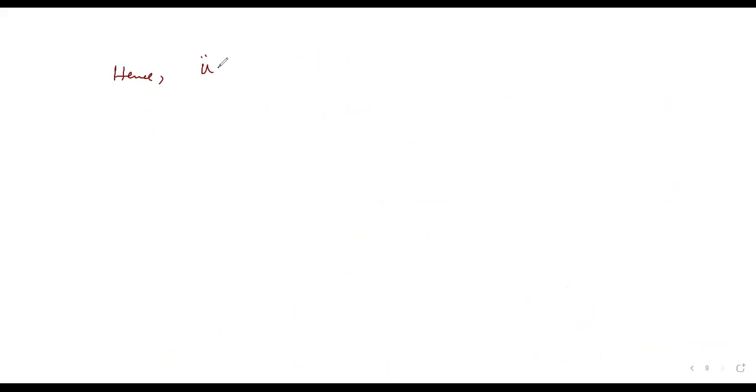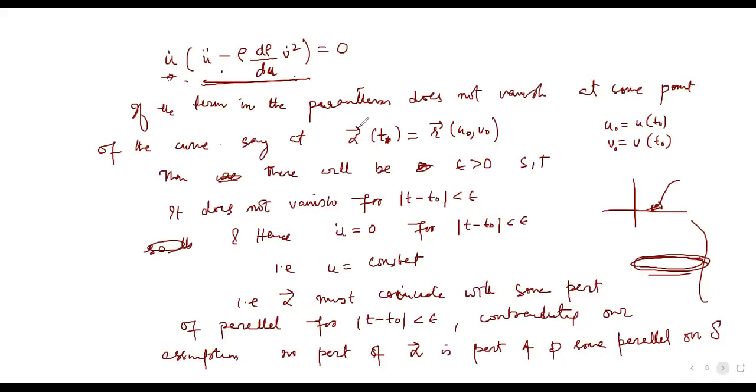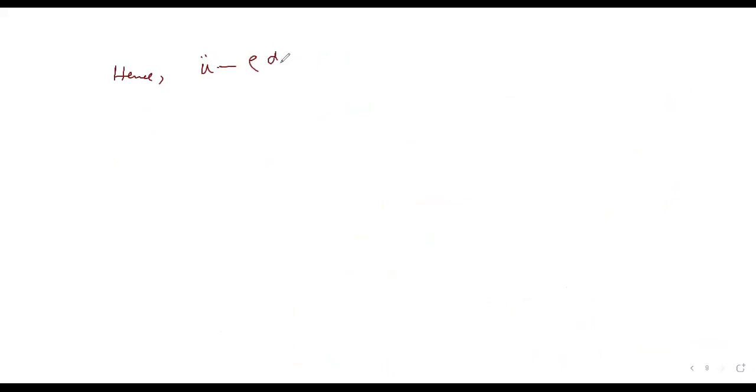माइनस क्या था अपना, u double dot कहाँ गया, rho by d u minus rho by d u into v dot square must be equal to 0.